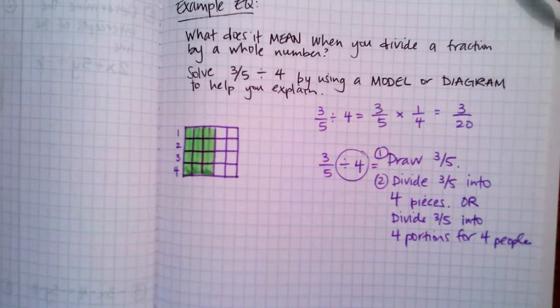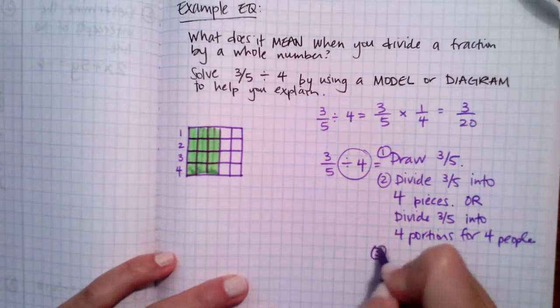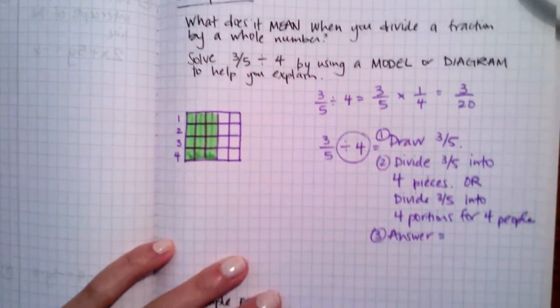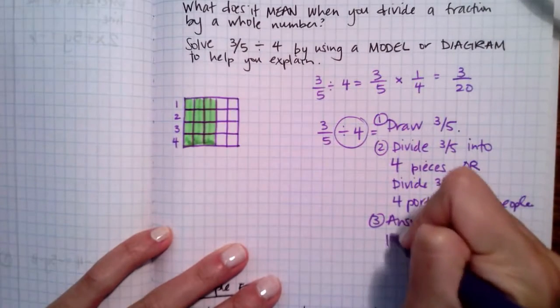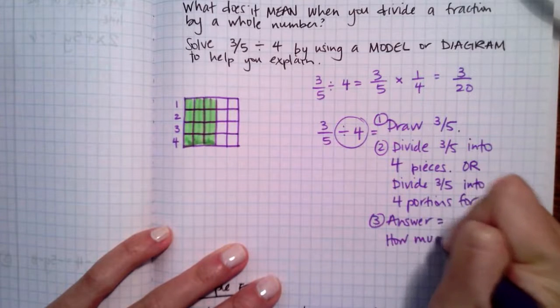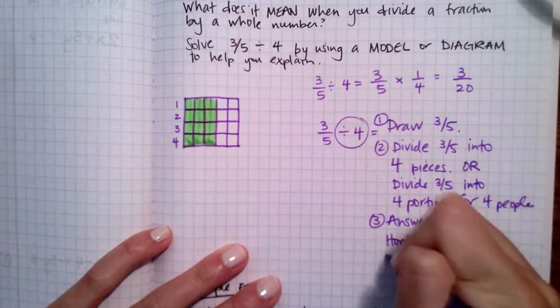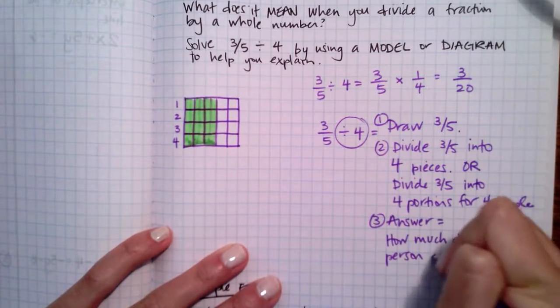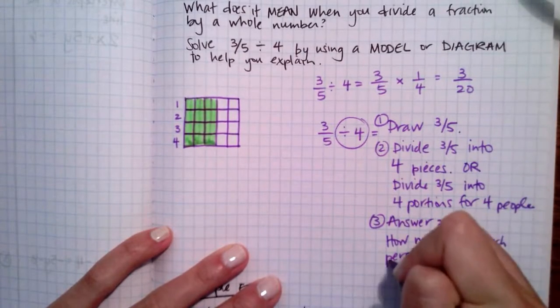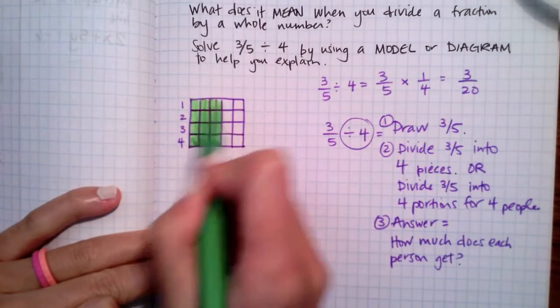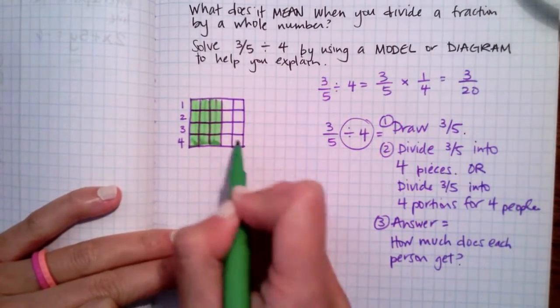So now the answer is, how much does each person get? If we split it up into 4 portions for 4 people, how much does each of those people get? Well, this is person 1, this is person 2, this is person 3, this is person 4.